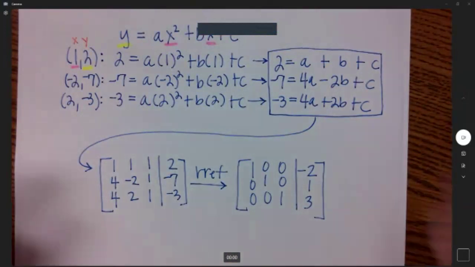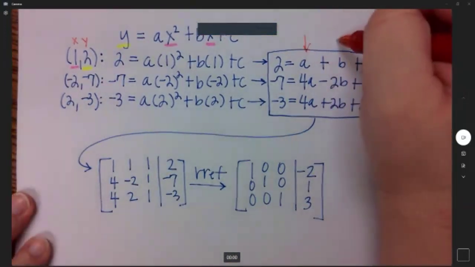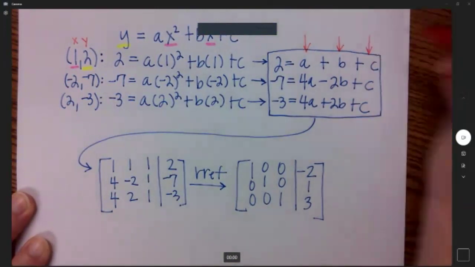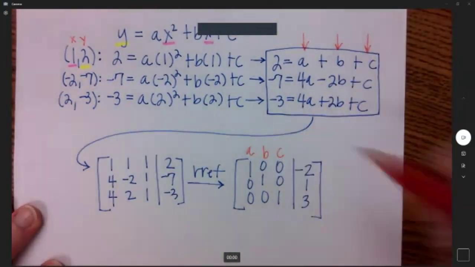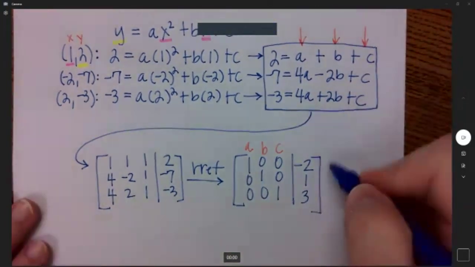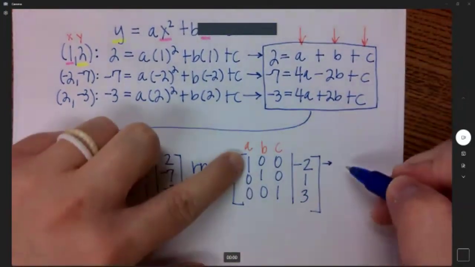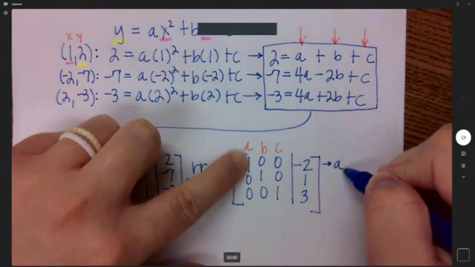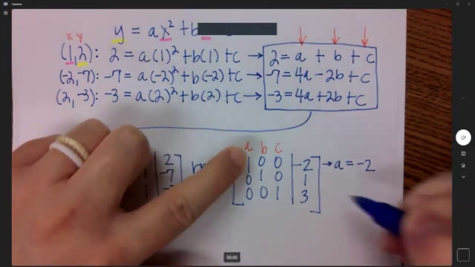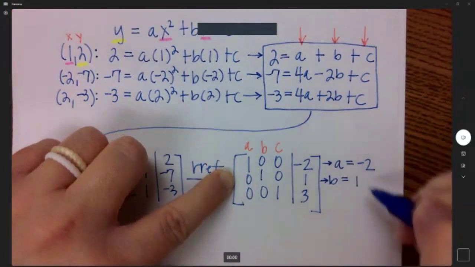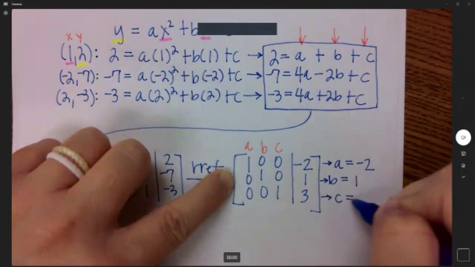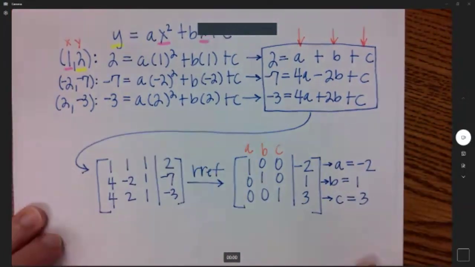Okay, if we can see here, we have solved for not X, Y, and Z, but for A, B, and C. So this first equation here is 1A, or A equals -2, B equals 1, and C equals 3.